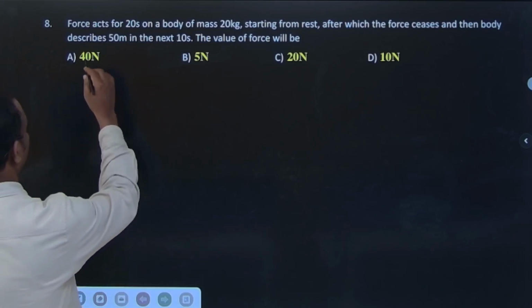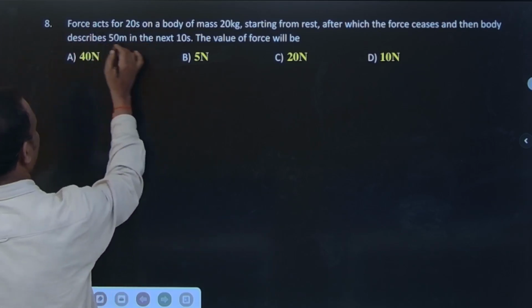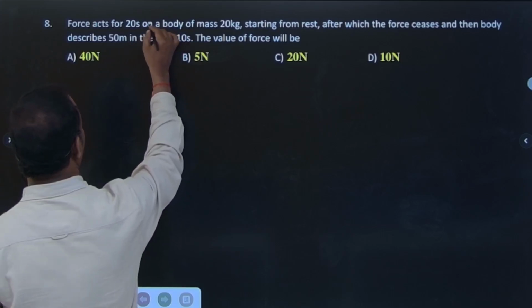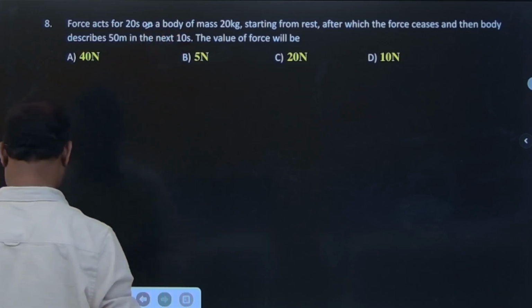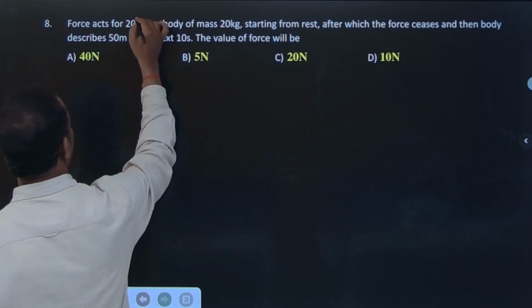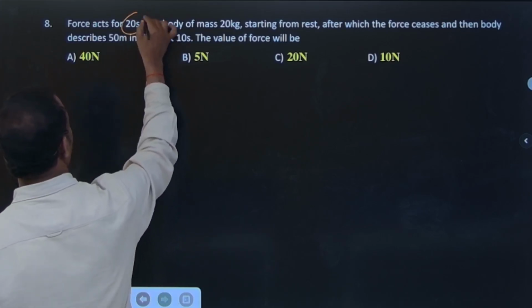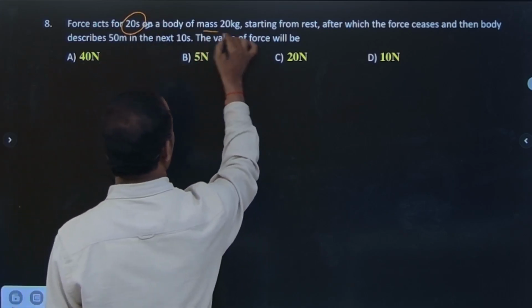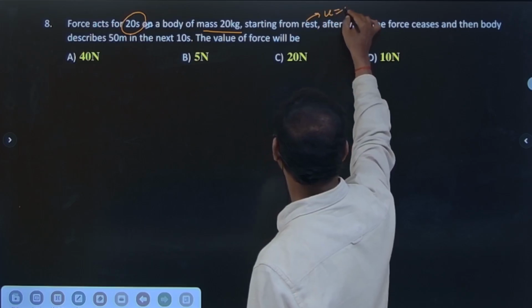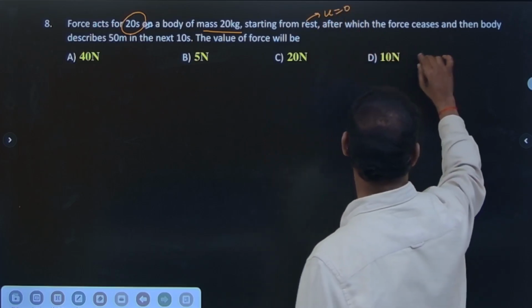A force for 20 seconds acts on a body. So it what? Force for 20 seconds acts on a body. This force for 20 seconds is acting on a body. Its mass is 20 kg, starting from rest. Initial velocity u is equal to 0, after which the force ceases.